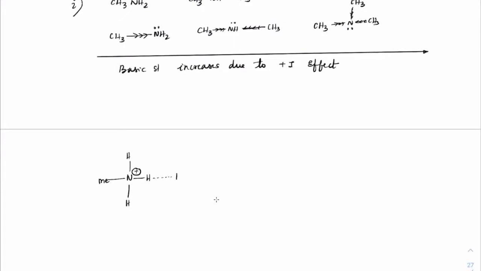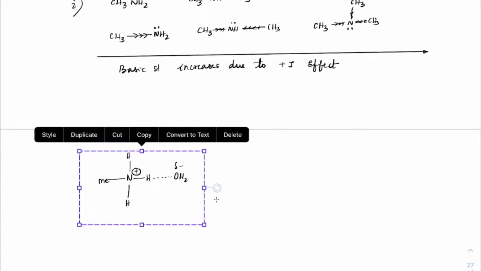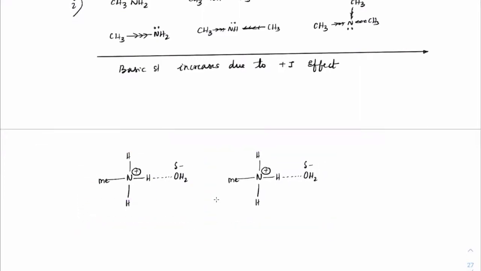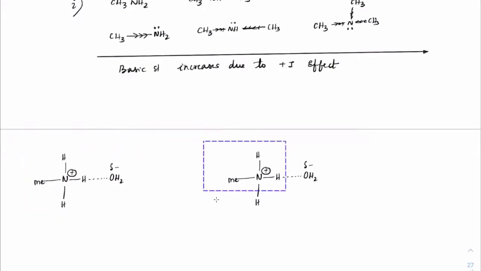And this ion will have hydrogen bonding with water. This is how the hydrogen bonding will exist, right? Now the same kind of hydrogen bonding will be seen for secondary also.